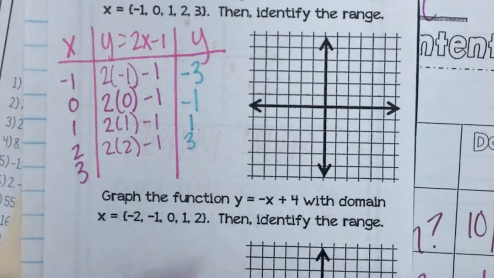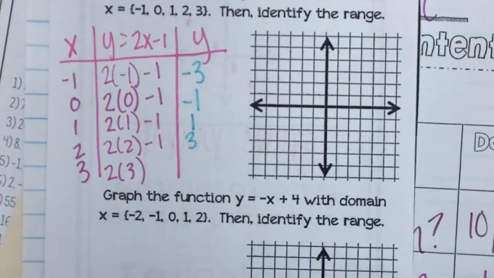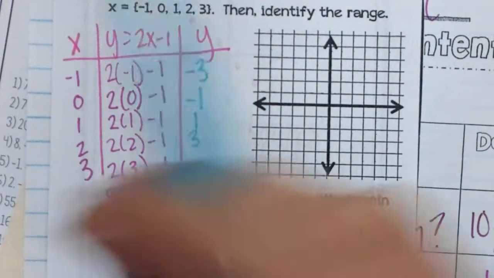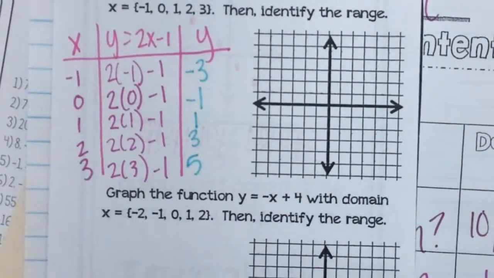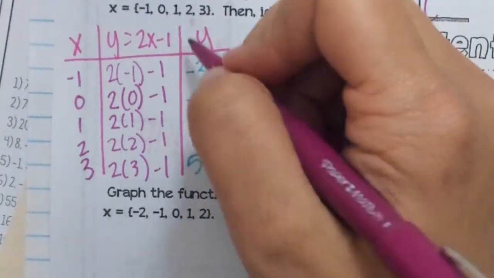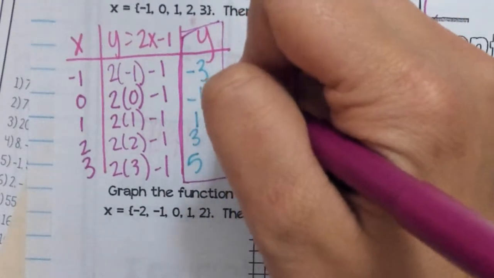Alright, let's plug in our last x value. 6 minus 1 is 5. Are we sure? Yes. Fantastic. Now, which values are the range? The y values. These are the range.